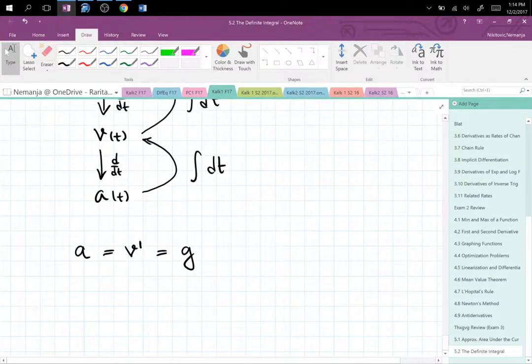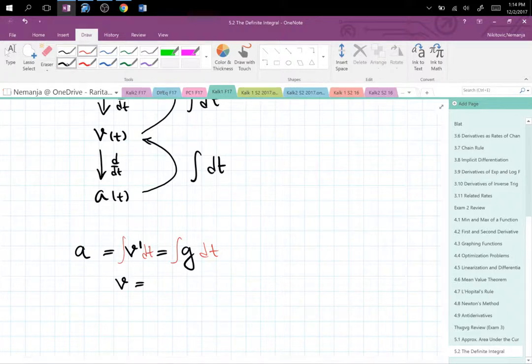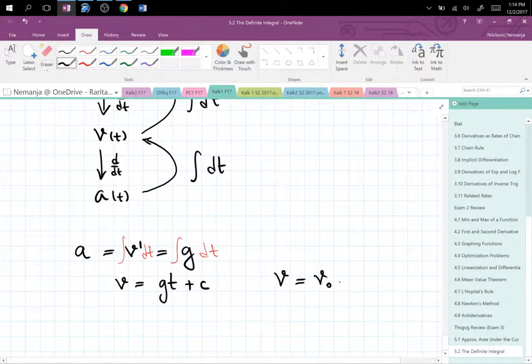When you integrate both sides with respect to time, you get that the velocity is equal to gt plus some constant c, and I'm going to call that constant the initial velocity v0.